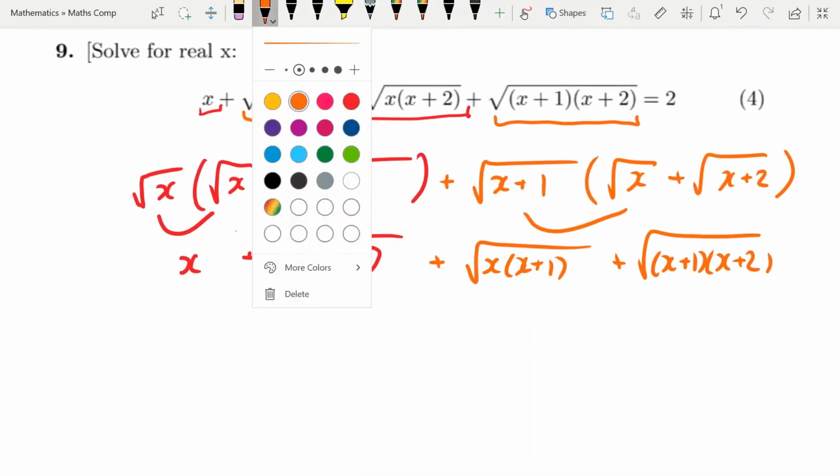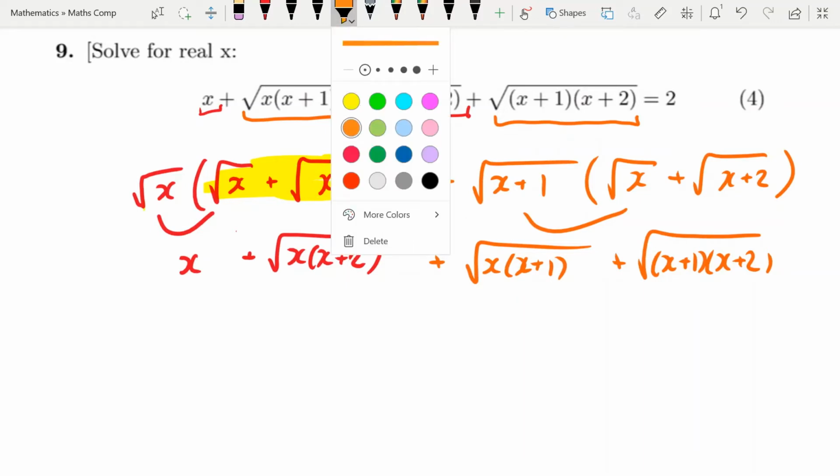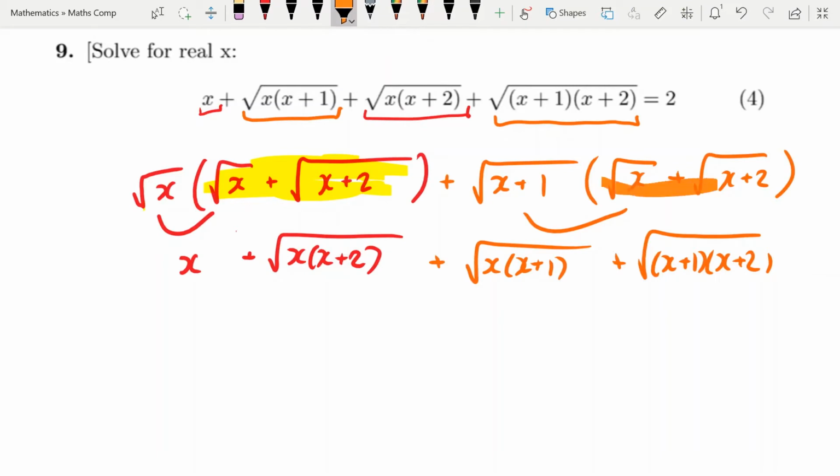So you've got a factorized form of your original equation, and as you can see, these two things here are the same. So we've got root x, lots of this in yellow, and then we've got root x plus 1, lots of this, oh, that's a bad colour, of that. So you can do some grouping of terms.